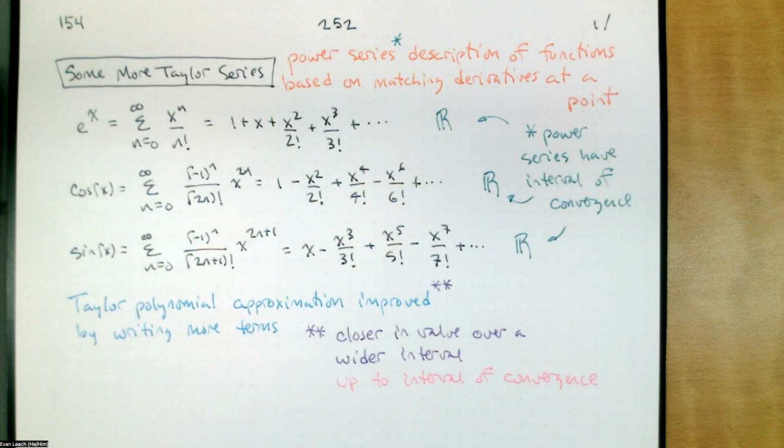But this only goes up to the interval of convergence. When you have something like an interval of convergence of all real numbers, like we have for sine and cosine, that would mean a lot of terms if you're far from here. So it might be a good idea to just shift things over to where you are interested in, since you're trying to make a model of a periodic function.